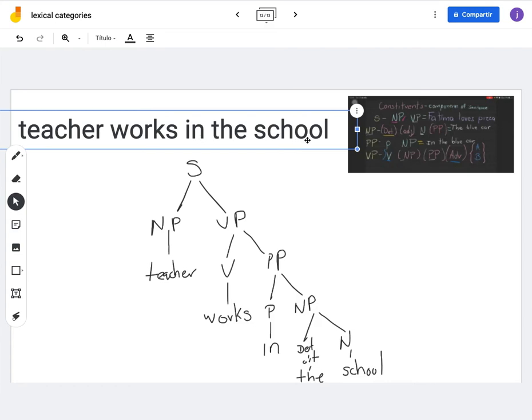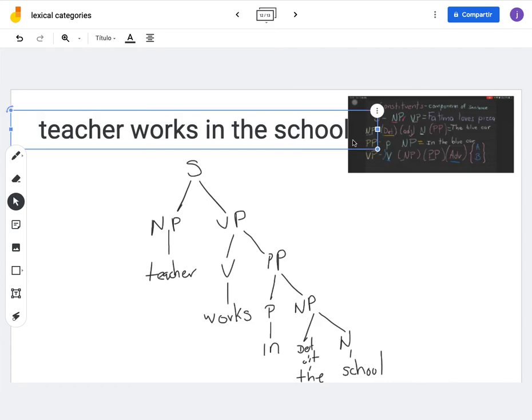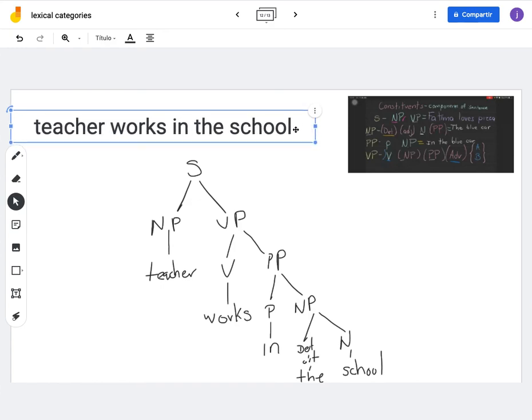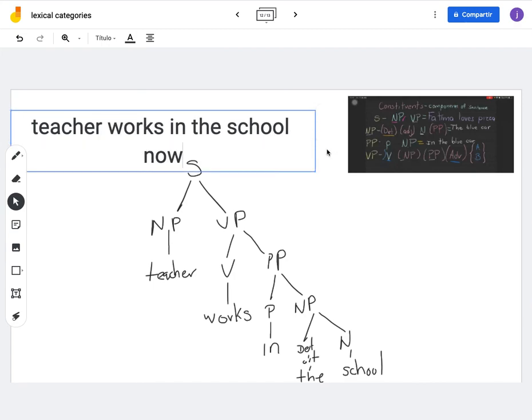And now we are going to add an adverb. Okay, so the adverb is "now". It's the same sentence, but now we just add the word now.